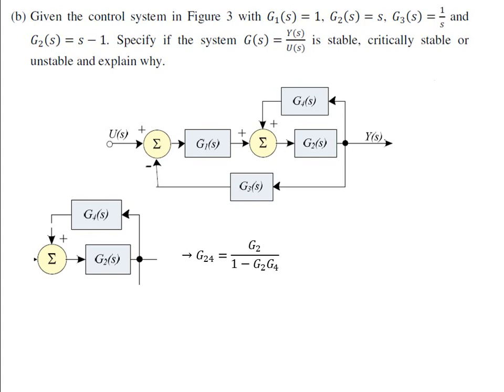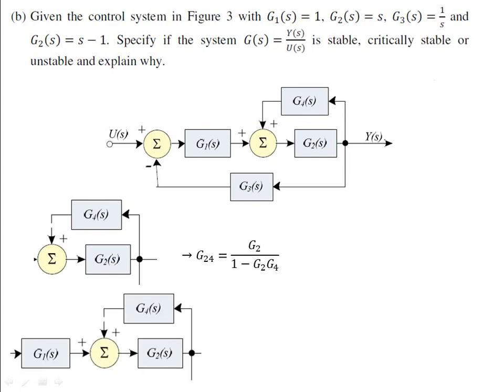If we substitute this positive feedback loop with this transfer function, we will have G1 and G24 in series. The equivalent transfer function of two blocks in series is their multiplication, so G124 will be equal to G1 multiplied by G24, which is G1 G2 over 1 minus G2 G4.